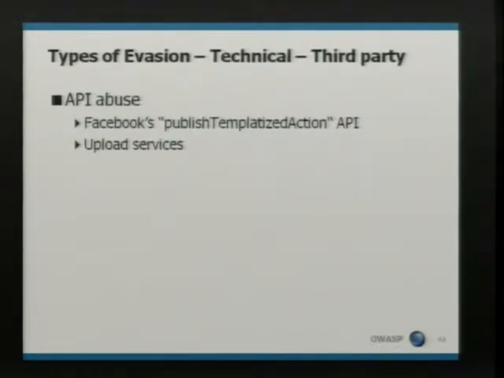To be successful in business, we have to collaborate, like Facebook is doing. Again, there was an issue with this method, and he was able to inject cross-site scripting into Facebook through this API. Upload services could also be an issue, especially if you upload malicious files onto them. Antivirus solutions are not protecting you against this.